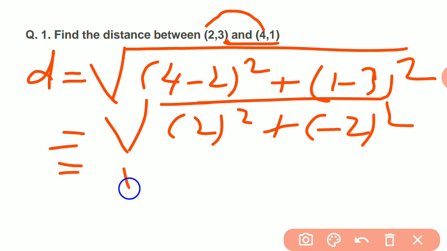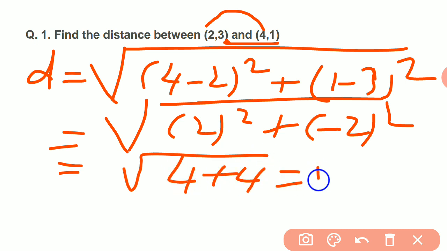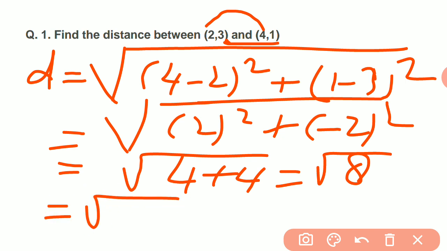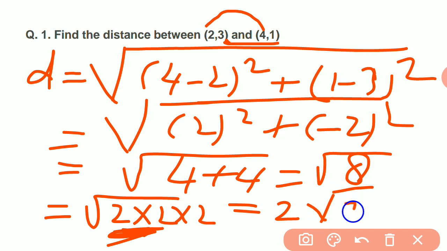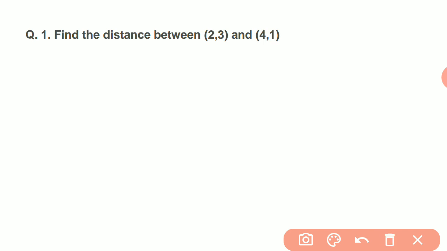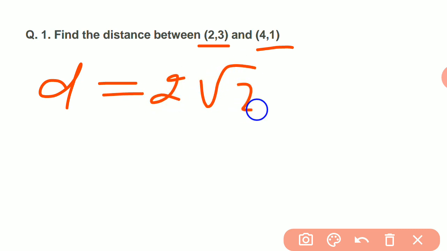This is equal to under root 4 plus 4, which is under root 8. Under root 8 is 2 into 2 into 2, and here a pair of 2, so we will write 2 root 2. This is the answer. The distance between these 2 points is equal to 2 root 2 units.